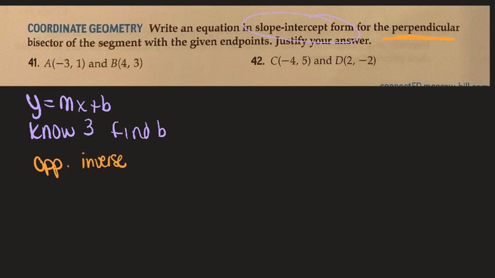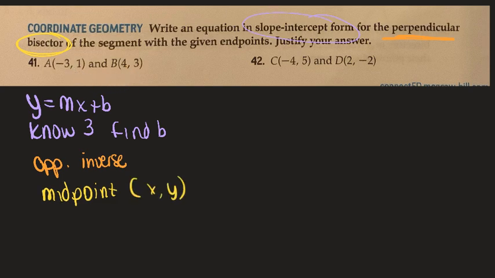All right, last question, when it says bisector, what does that make you think of? What do we need to know? Well, bisector is the same as midpoint. We haven't done midpoint since chapter 1. So we need to find the middle between A and B, and we need to know it as coordinates.